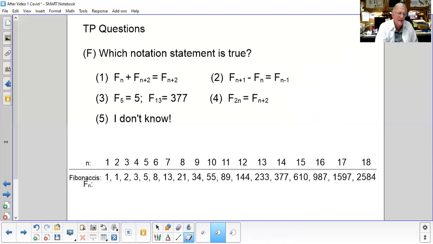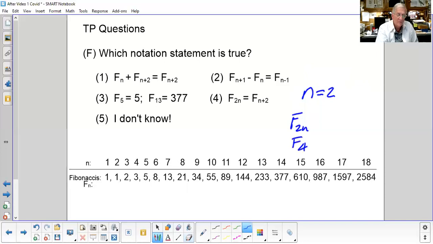Why? Well, if n is equal to 2, f sub 2n would be the same thing as f sub 4. F sub n plus 2 would be the same thing as 2 plus 2, which is 4. So f4 would be equal to f4, so that would be okay.